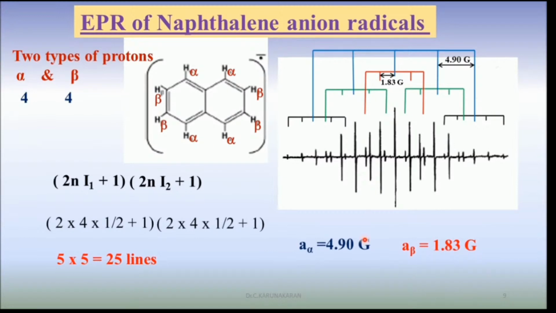The unit for hyperfine coupling is Hertz. The formula used to calculate the number of lines is (2nI plus 1) into (2nI plus 1). Therefore, for 4 protons with I equal to 1 by 2, there are 25 lines. It agrees with the number of lines obtained in the actual spectra.